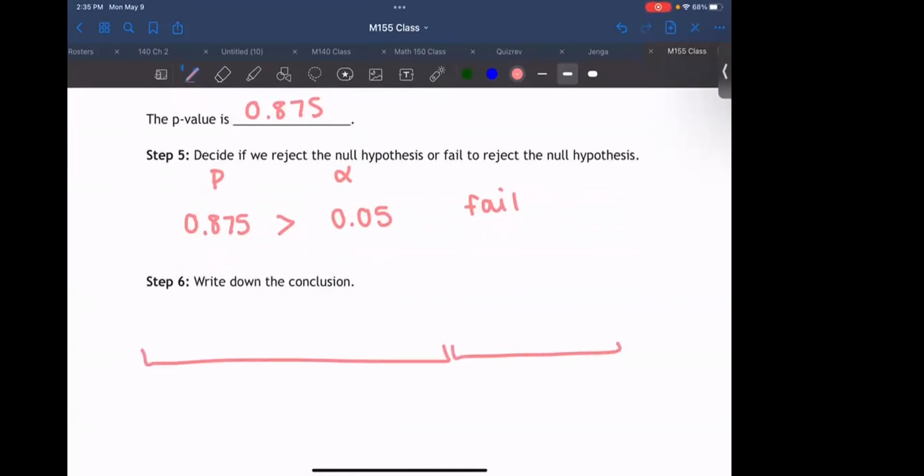The first part says we conclude or not enough evidence. Which one do we say here? Good, there is not enough evidence to say. And what do we always end with? The alternate hypothesis. In this case, we're not talking about mu anymore, we're talking about m. M is bigger than 450.